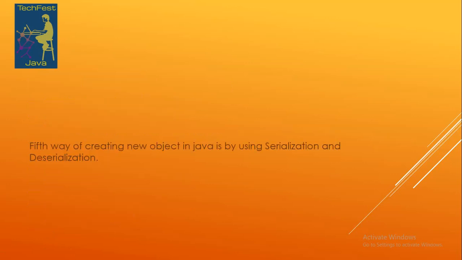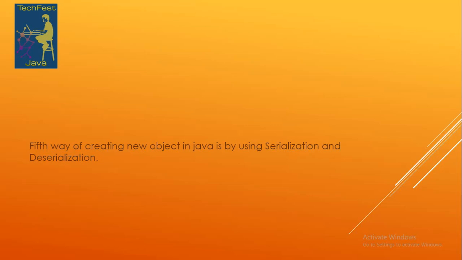There is a fifth way. This is basically a broader topic: serialization and deserialization. This is the fifth way we can create an object in Java. When we serialize any class object, or deserialize any class object, in both cases we get a new object of that particular class.